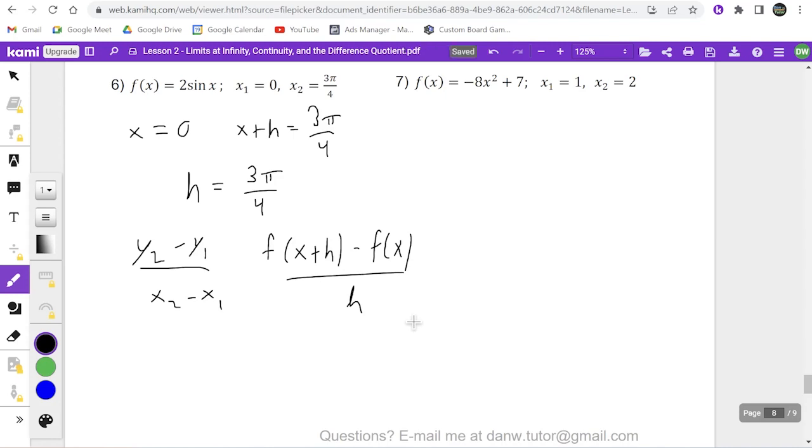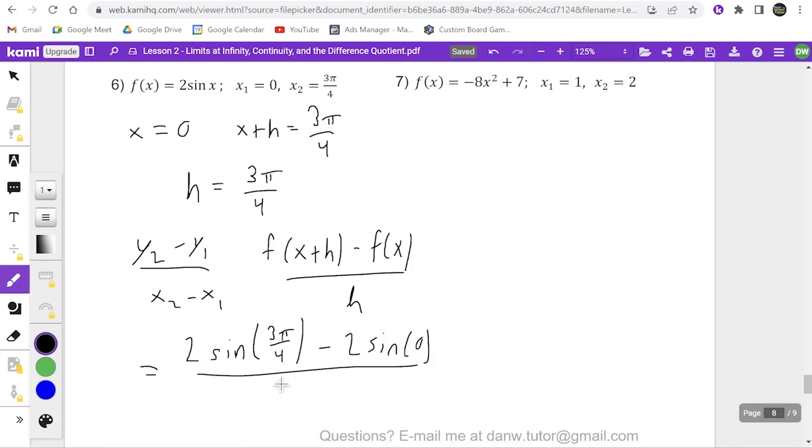And the good news is, from here, it's basically the same thing. Let me explain. For the first one, you're just going to plug in 3 pi over 4 into 2 sine x. In other words, 2 times the sine of 3 pi over 4 minus plugging in 0 into the function. So 2 times sine of 0.